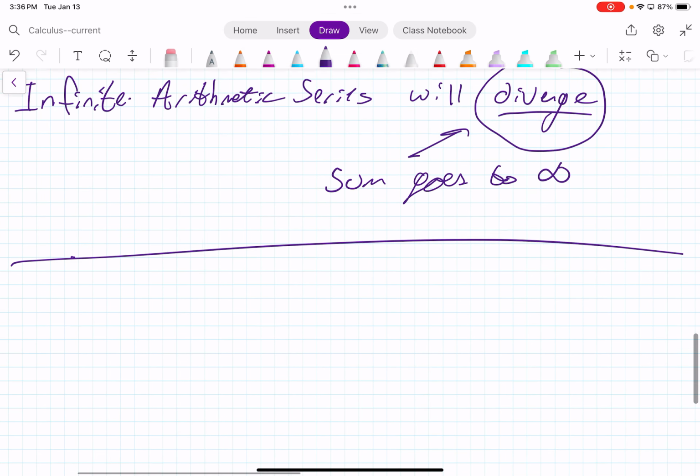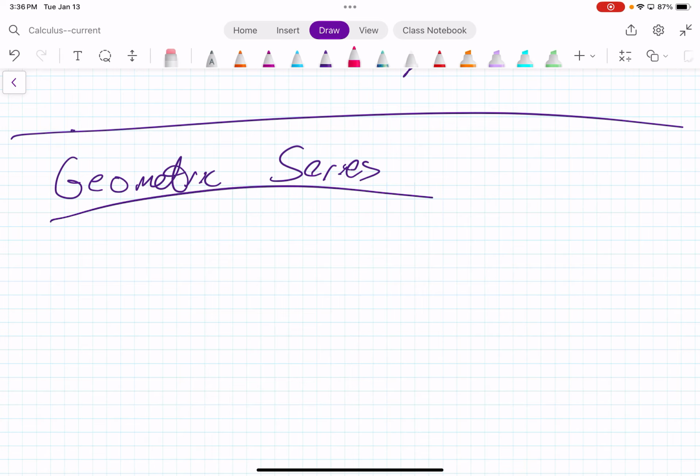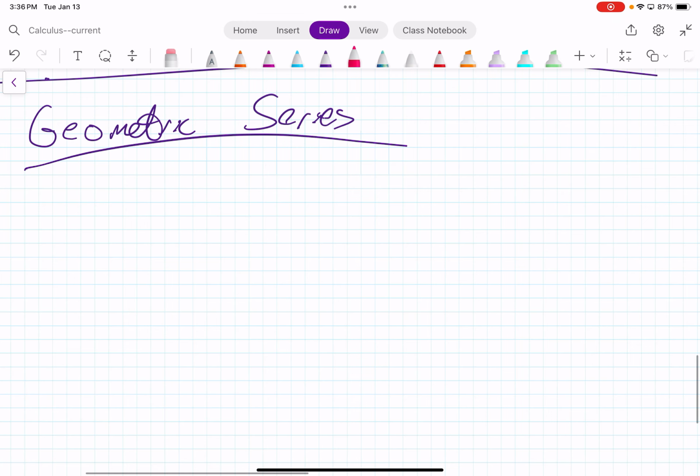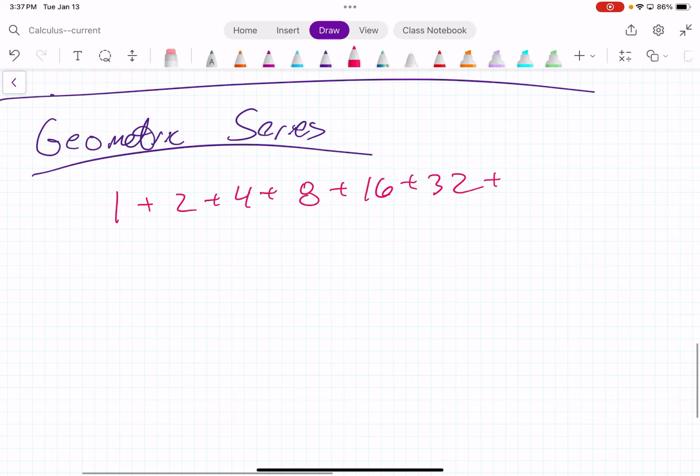So let's go ahead and switch now, and let's talk about a geometric series. So let's go back to something like, how about something like this? 1 plus 2 plus 4 plus 8 plus 16 plus 32 plus, we'll stop at 64 for now.